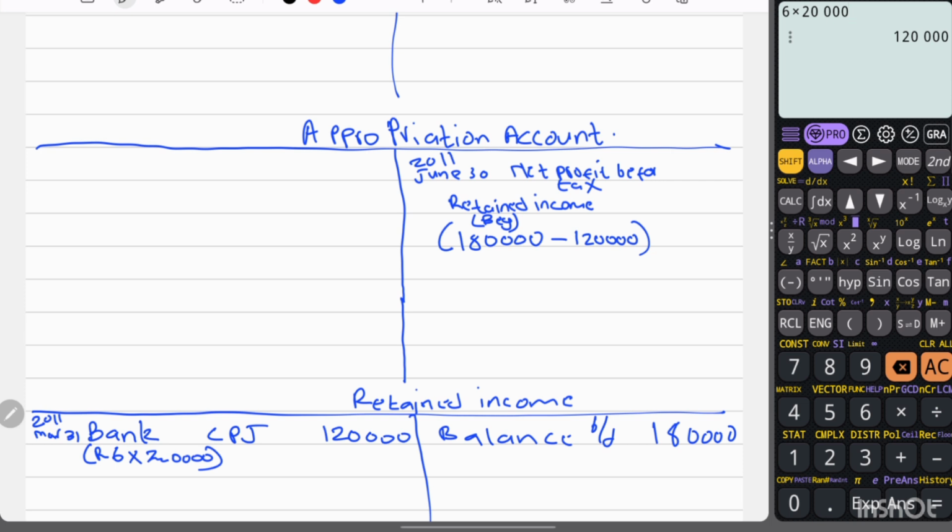It means that in our retained income we now have 180 minus 120, which is 60,000, as we took 120 and then repurchased the shares. I hope learners understand this one. If you don't understand, please ask where you don't understand, and I will explain it further.